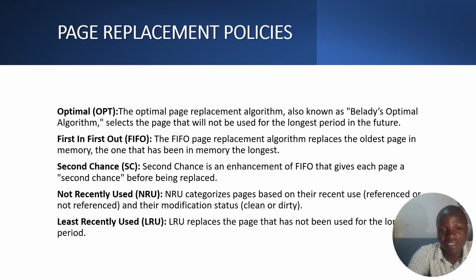For first in, first out, this replaces the page that has stayed longest, the one that came in first. So the one that has overstayed is replaced first. Second chance uses the same algorithm as FIFO, but gives that page a second chance before it is replaced.